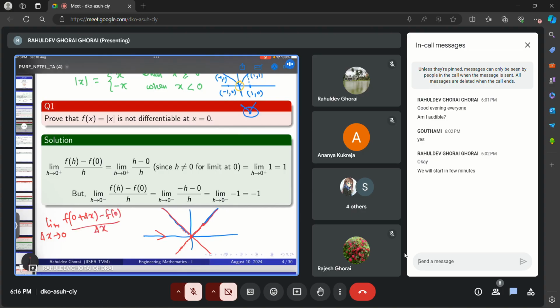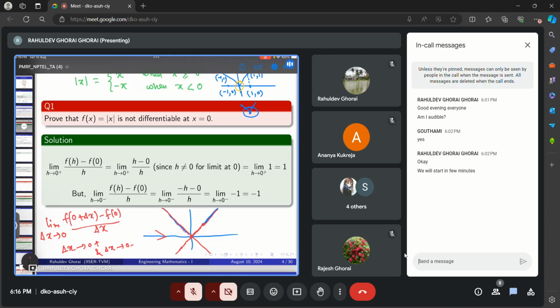You have to check this limit. For this limit to exist, del x tends to 0 plus and del x tends to 0 minus should be equal, but here that is not happening. So that will show it here.